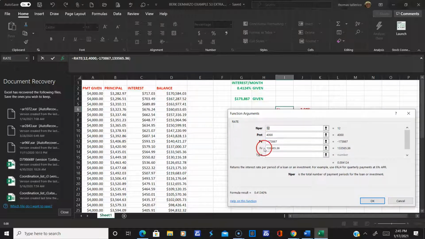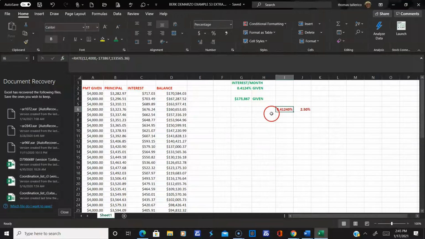And after 12 months, what's left is 133,565, right? This is the 12th month, right? 1, 2, 3, 4, 5, 6, 7, 8, 9, 10, 11, 12, right? So that's my future value, right? And you can see it comes out to 0.004124, which is exactly that.